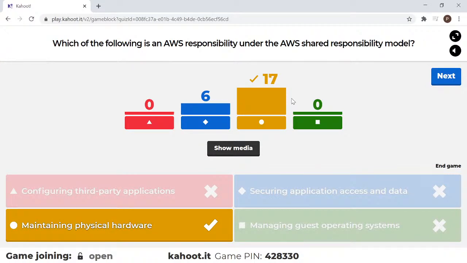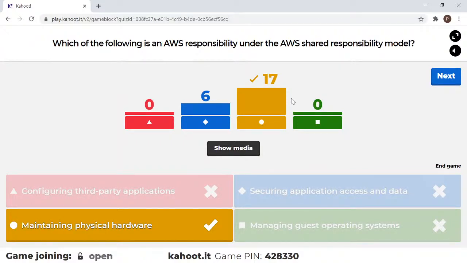Yes, maintaining physical hardware is the right answer. It is AWS's responsibility. Customers will not have access to the physical hardware, so it is AWS's responsibility to maintain that. The other option that I see people chose is securing application access and data. If it is securing the physical hardware or anything that is below the virtualization layer, then that is AWS. But anything above that layer, for example application access and data, is the customer's responsibility.